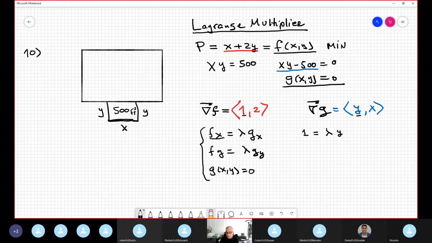Then the second component is 2, equal to lambda x. Equation 1, equation 2. And equation 3 is xy minus 500, or whatever you want to call it, it's equivalent. This is our system of equations.